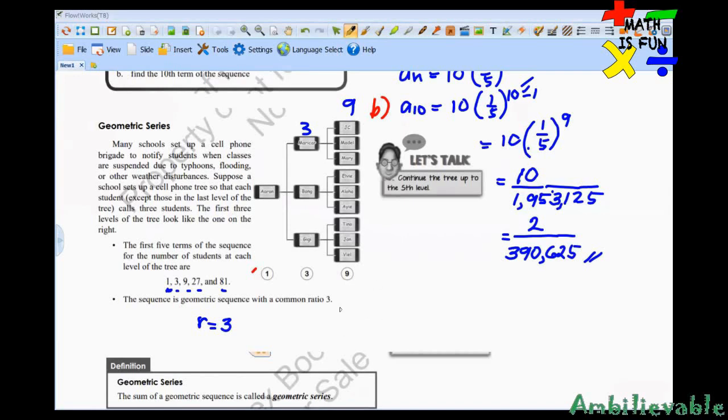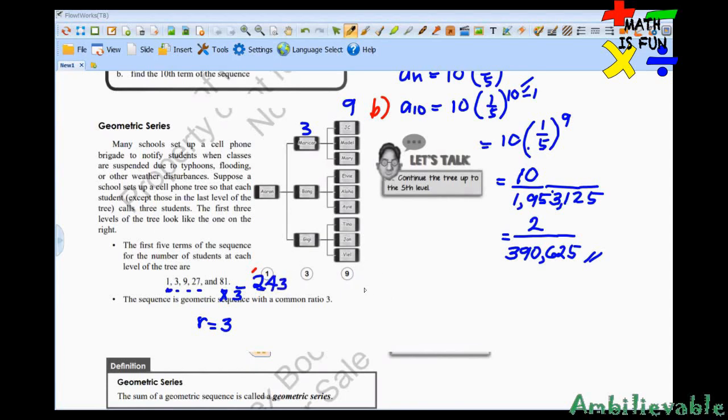So on the 7th level, or let us try here first on the 6th, meaning to say that you are multiplying by 3, right? So 81 times 3, you will get 243.